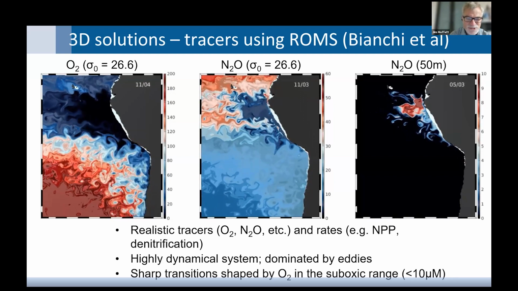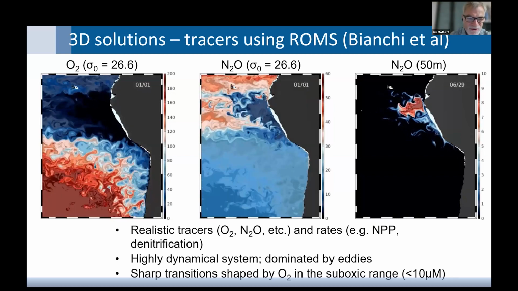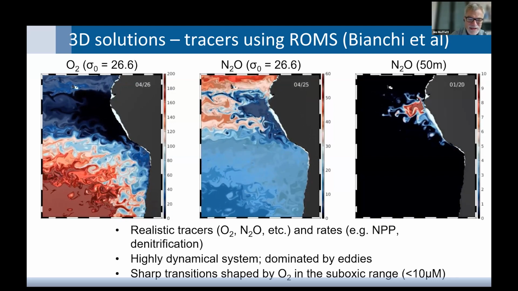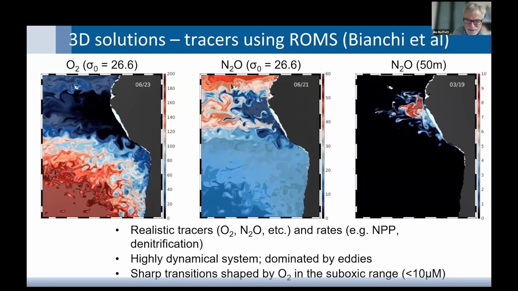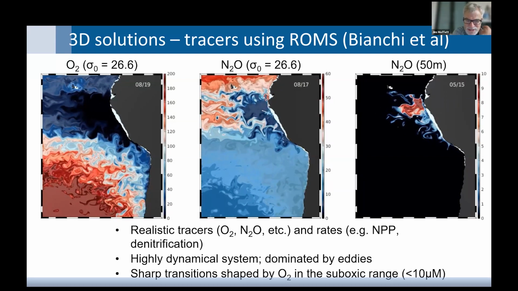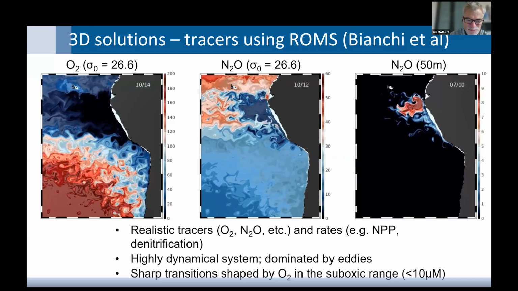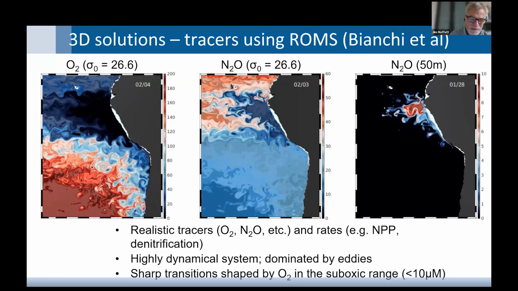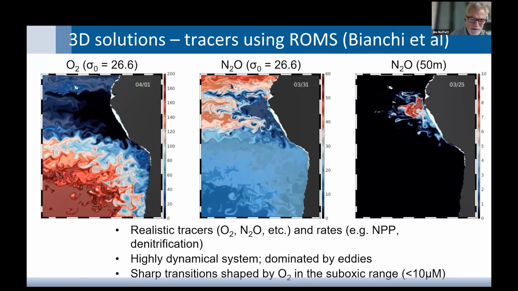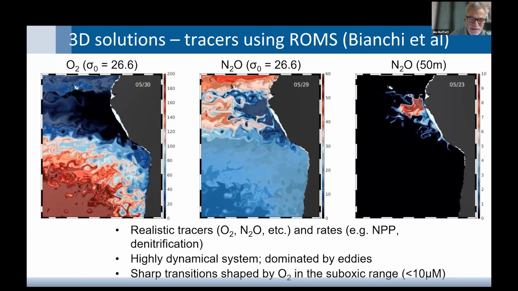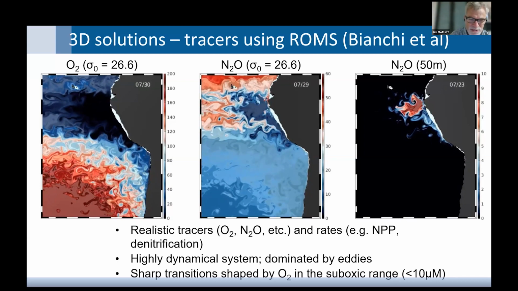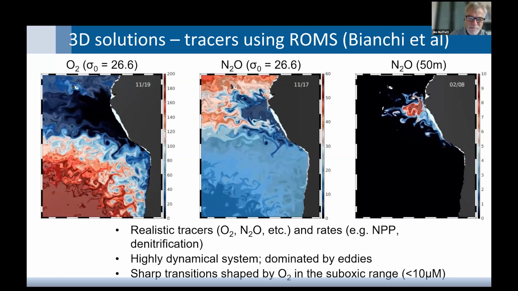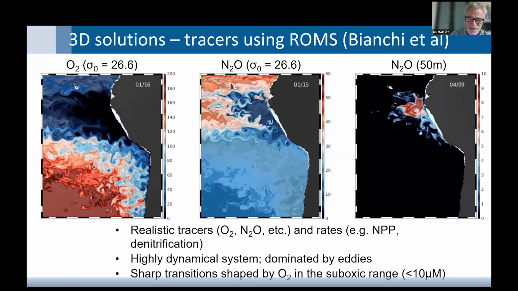And what one can see, particularly focusing on the oxygen at the left, is that this is a very dynamic system. These eddies result in transport, in this case of cold upwelled water, offshore, but also the entrainment of eddies that move inshore to replace some of these materials that are moving offshore.